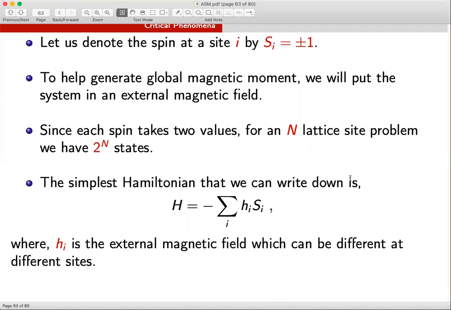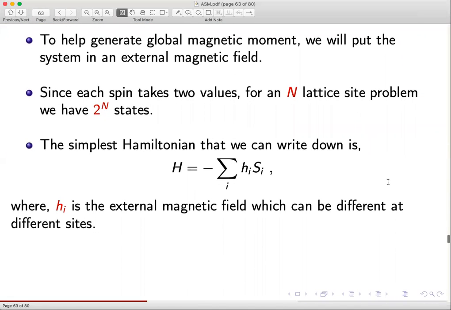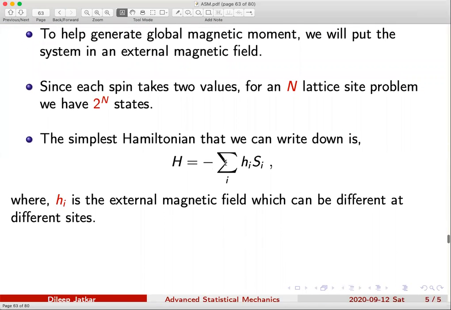The simplest model we thought of was a Hamiltonian containing a term h_i s_i, where h_i is the external magnetic field, which talks to the spins sitting at every lattice site. This kind of Hamiltonian is such that the individual spins at the lattice sites don't talk to each other; all of them talk to the external stimulus. And we chose h_i to be the magnetic field seen by a spin at site s_i.